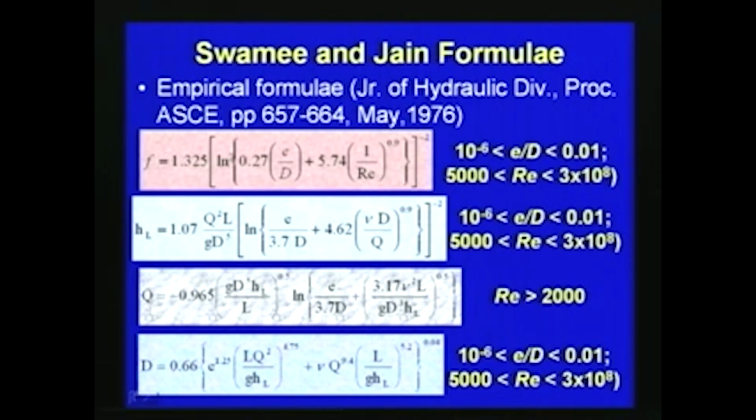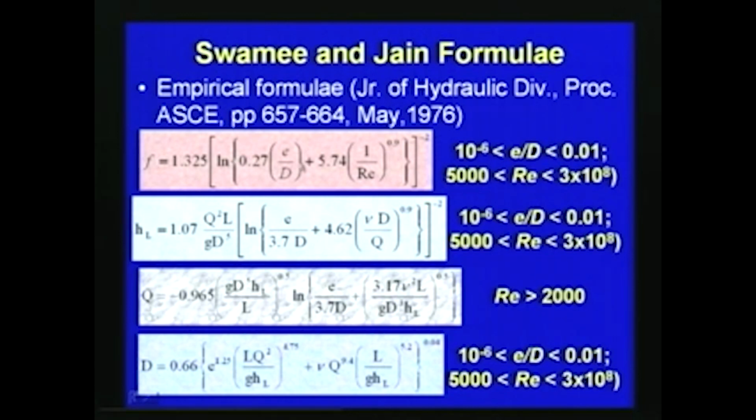This is valid in the range of E by D ratio of 10 to the power minus 6 to 0.01, and the Reynolds number range of 5000 to 3 into 10 to the power 8. For this range, this equation for friction factor is valid as derived by Swamee and Jain.